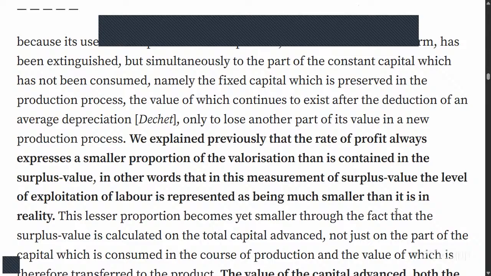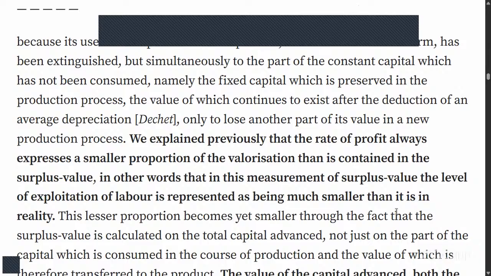We explained previously that the rate of profit always expresses a smaller proportion of the valorization than is contained in the surplus value. In other words, that in this measurement of surplus value, the level of exploitation of labor is represented as being much smaller than it is in reality.